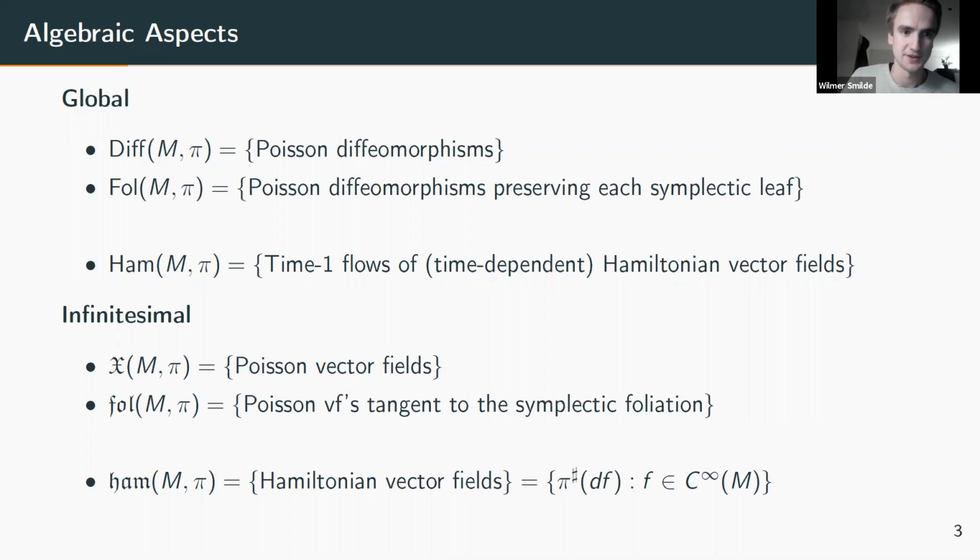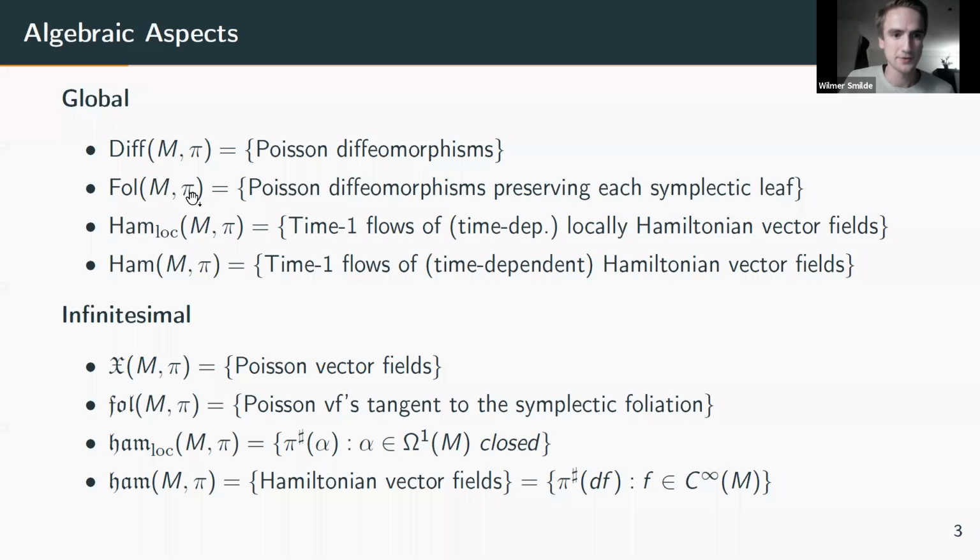Associated to the Poisson structure, you have a symplectic foliation, and therefore you can look at those Poisson diffeomorphisms that send each symplectic leaf to itself. This is again a subgroup of the Poisson diffeomorphisms, and in general, these are not equal. Infinitesimally, these foliated Poisson diffeomorphisms are generated by Poisson vector fields that are precisely tangent to the symplectic foliation.